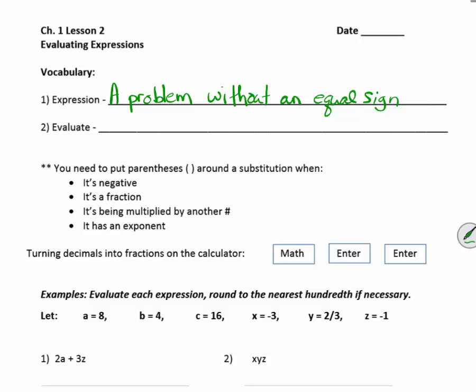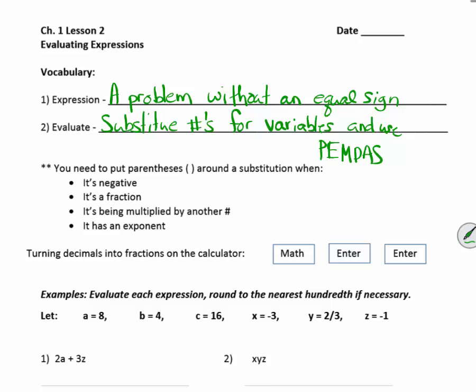Evaluating an expression means that you substitute numbers for the variables and use PEMDAS. And hopefully we all remember what PEMDAS is, right, for the order of operations.